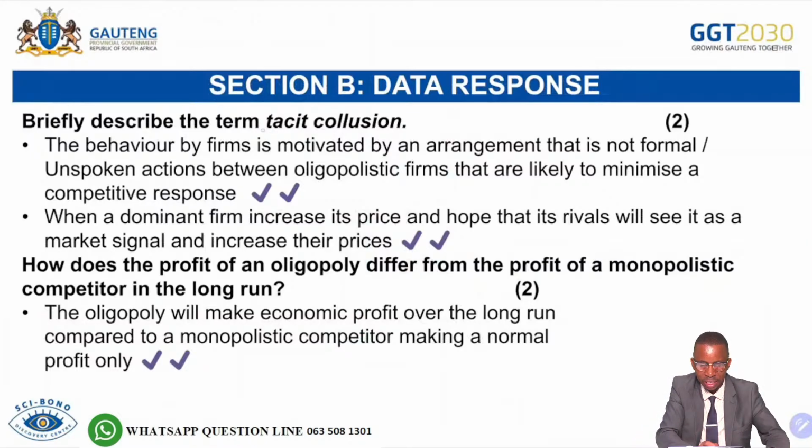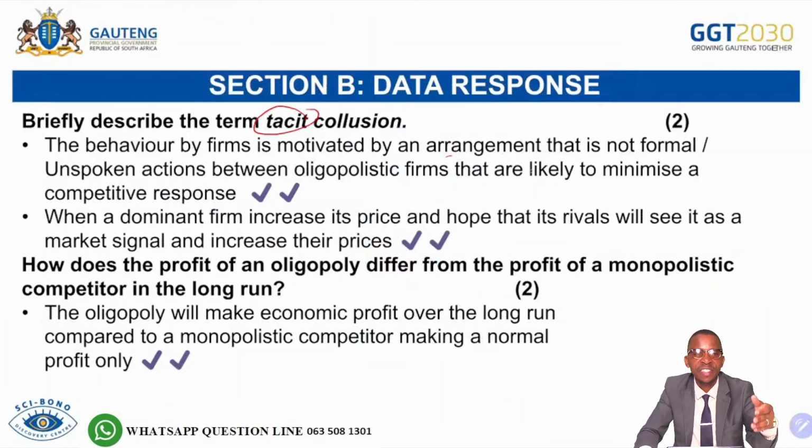Remember, the tacit collusion is also known as an implicit collusion or hidden collusion. The tacit collusion is the behavior by firms motivated by an arrangement that is not formal. So it occurs when firms copy each other's strategies or decisions without any formal agreement. We regard that as an implicit collusion or tacit collusion.